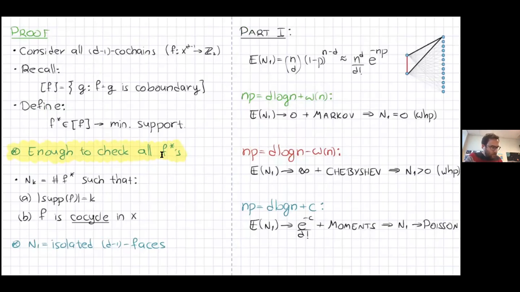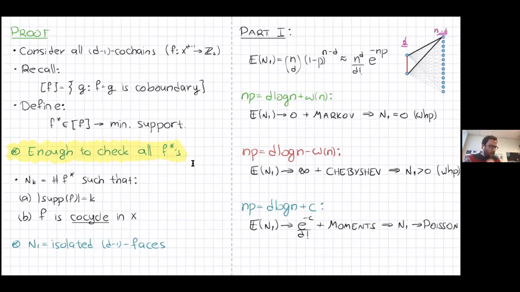So let's say I want to count how many isolated faces I have. So I'm looking at simplexes in dimension d-1. So overall, I have n choose d many of them. And now for each simplex, each simplex has d vertices, and then it leaves n minus d vertices outside.